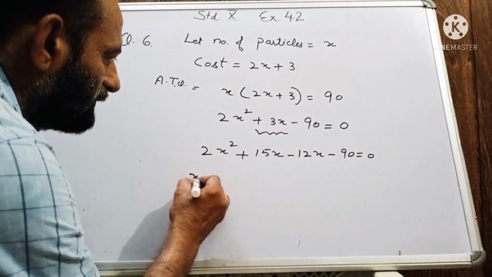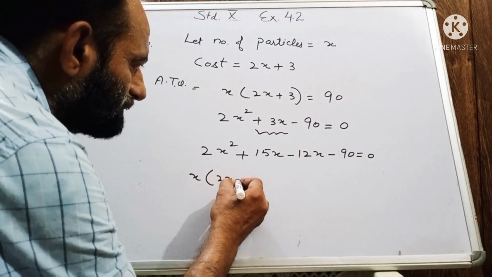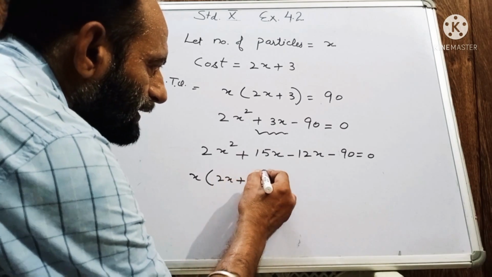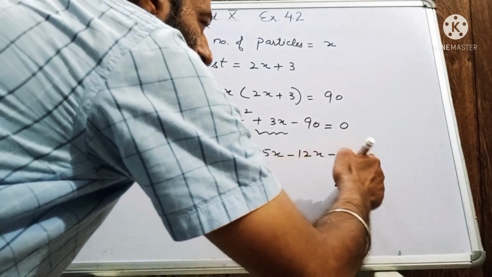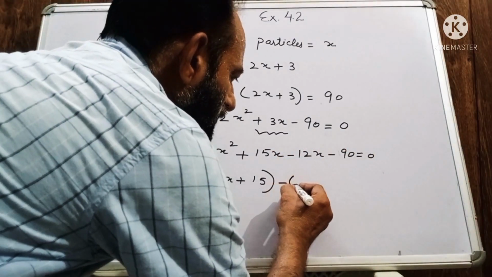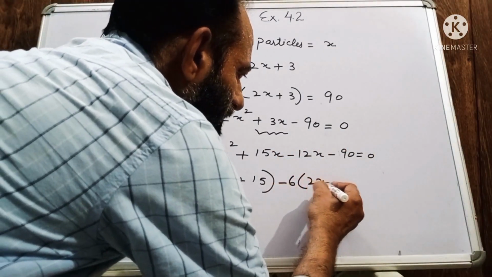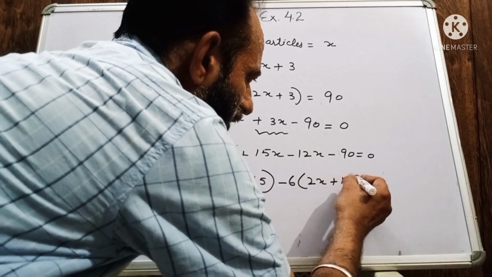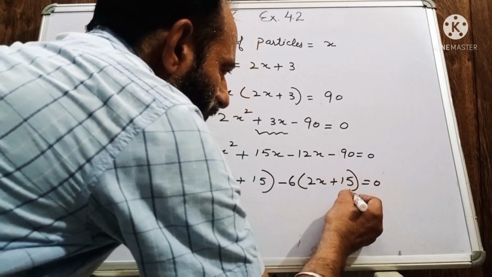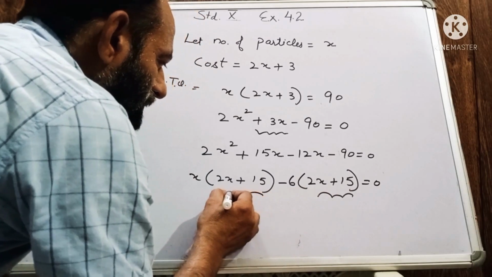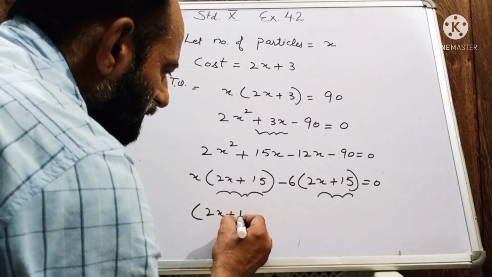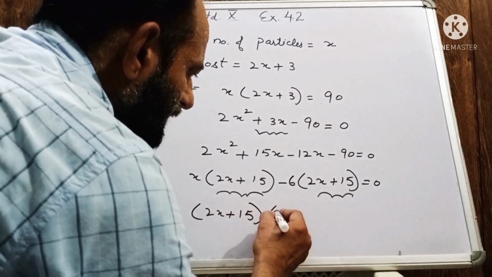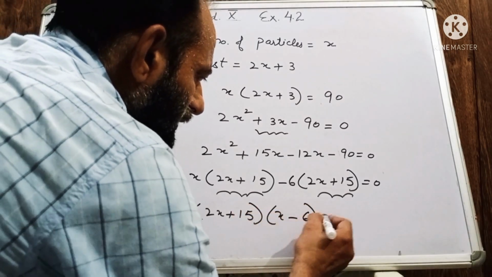So x is common from the first two terms. What is left? 2x plus 15. Exactly in the same way, minus 6 is common. So what is left? 2x plus 15. Now 2x plus 15 we can take common. What is left? X minus 6.